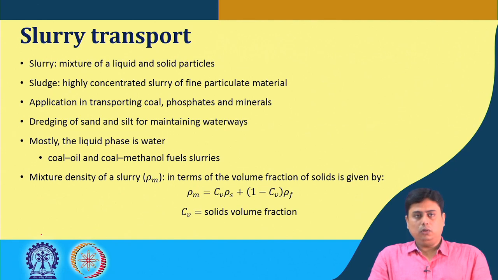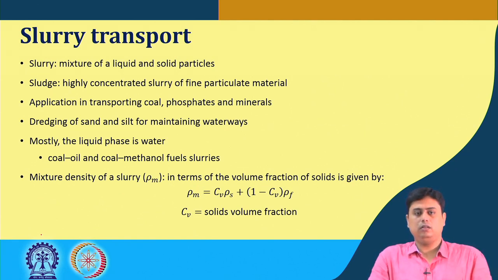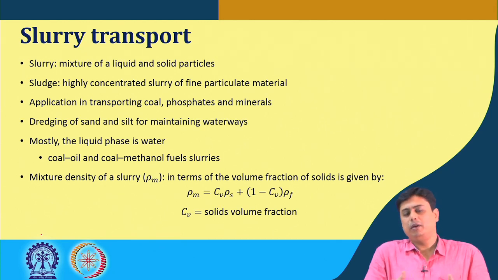So in slurry transport, the slurry, we can say, is a mixture of the liquid and the solid particles, and this is the broad definition of a slurry. And when this is highly concentrated by fine particulate materials, this slurry we call sludge.